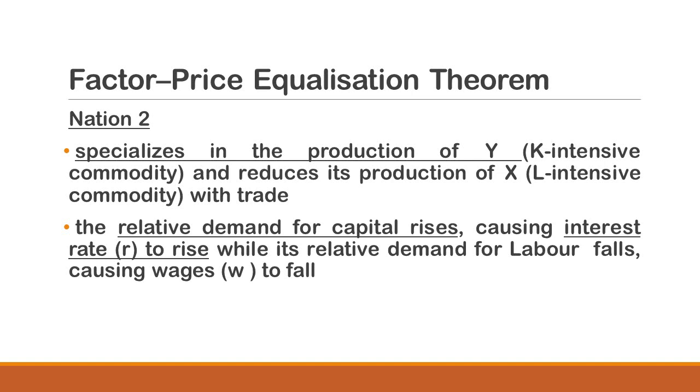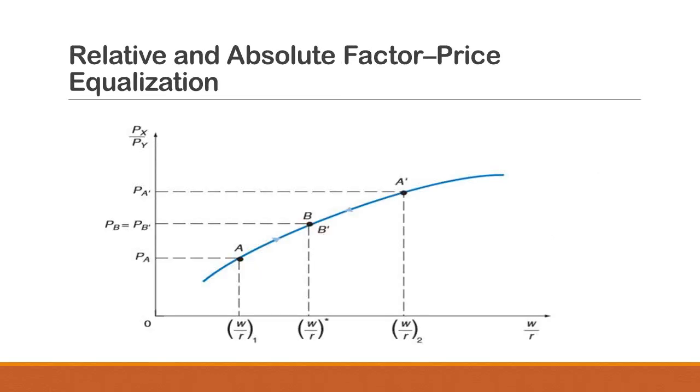Now let us explain the factor price equalization theorem with the help of the diagram. On the x-axis we take the W by R ratio, that is the ratio of factor prices. Along the y-axis we take Px by Py, that is relative commodity prices.